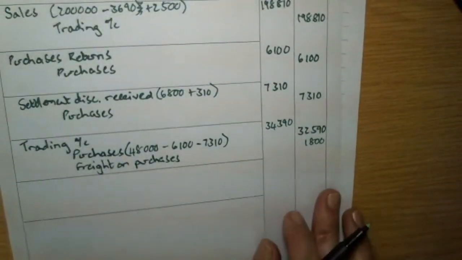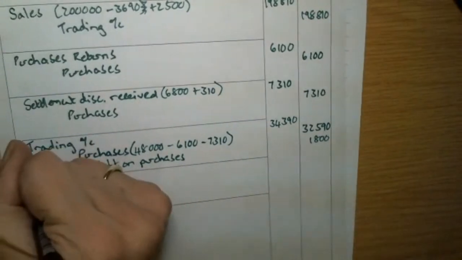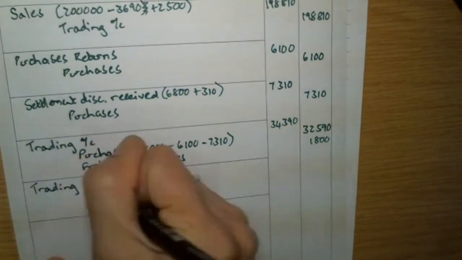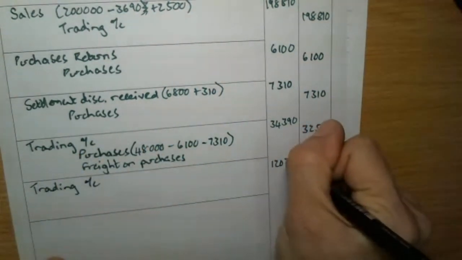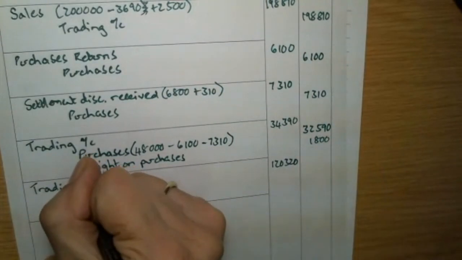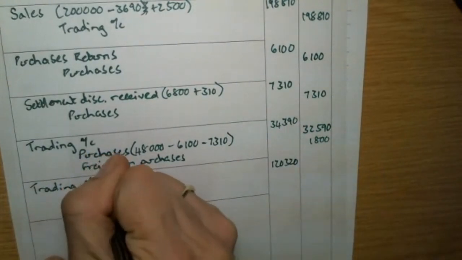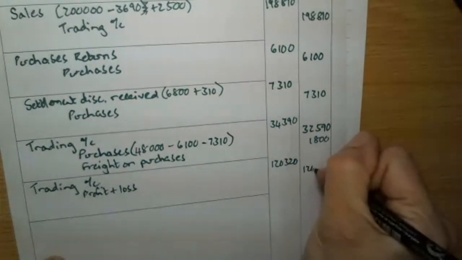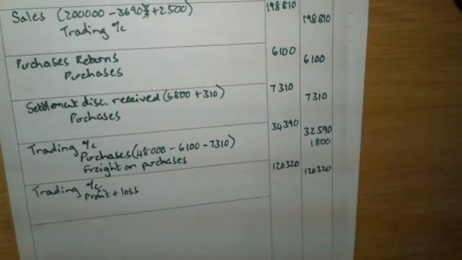So I need to show that as my journal adjustment. I'm taking the debit that I put to the trading account, because remember the trading account had a credit balance, so I debit the trading account and I credit the profit and loss account with the 120,320.